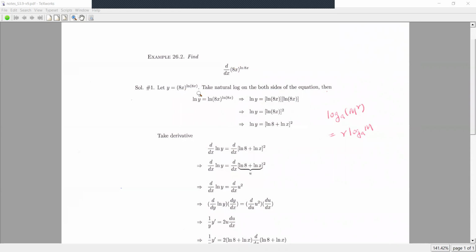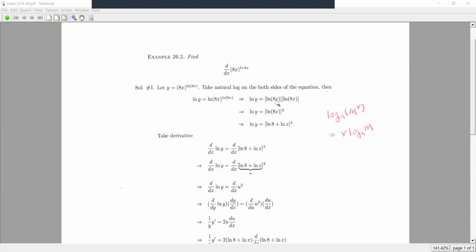Take natural log on both sides, then I have this equation. Natural log of a power is equal to the power times natural log by formula. In other words, take the power to the front to get this equation.